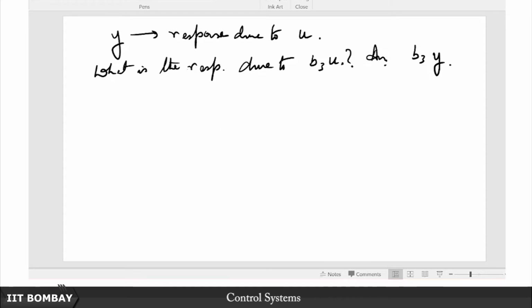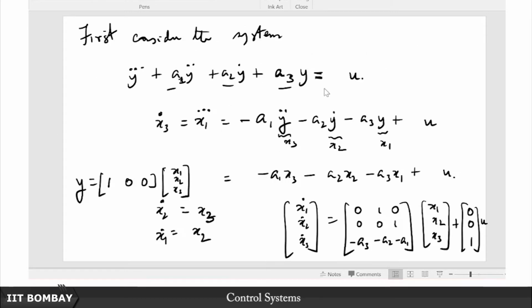So now if I plug this back in here, this B3 and this B3, you see I do not need to touch this x dot is equal to Ax plus Bu form. All that I need to now do is replace this with B3, that is it, I am done. See, get the idea. If I did not have B3, if I had just unity as the coefficient of u, the response would have been y.